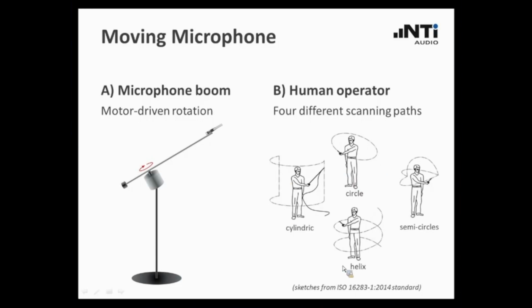There are different patterns you can follow depending on the available space in the room. For instance, the semicircles are recommended for very narrow conditions. These sketches here have been derived from the ISO 16283 standard, by the way. So this is, of course, the easier way to do it. It takes more effort to set up a test by doing it manually.